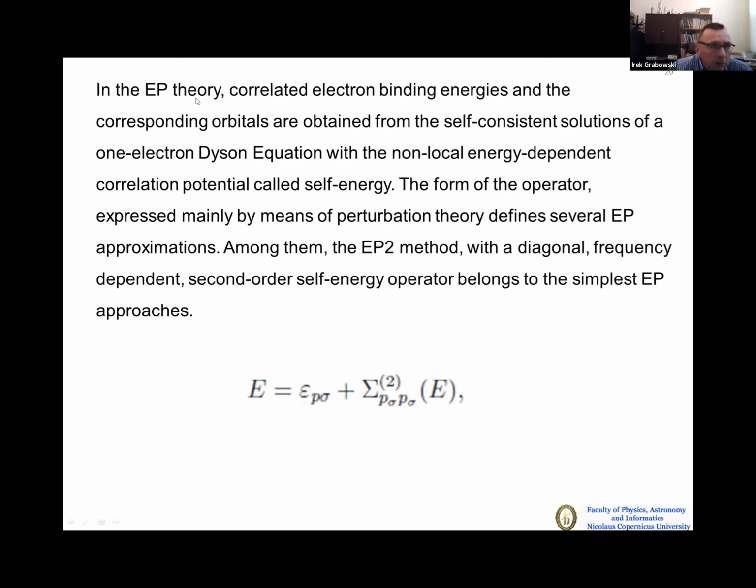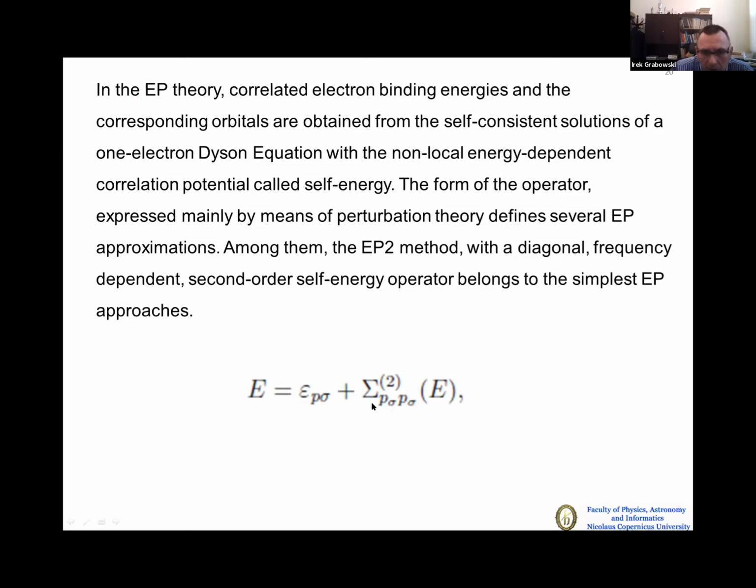So in the electron propagator theory, the binding energies can be obtained from the self-consistent solution of one-electron Dyson equation with some energy-dependent correlation potential, which is called self-energy. Here is the self-energy potential or operator.